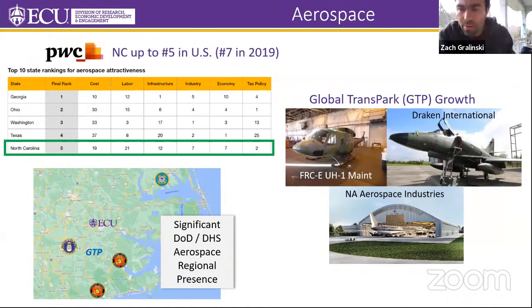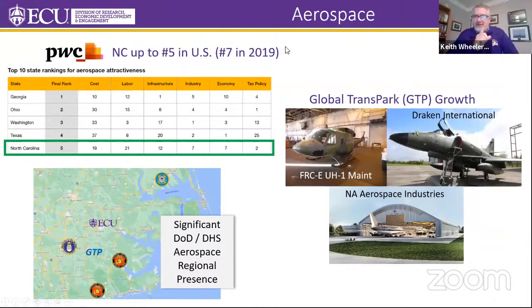Yep, go ahead. The tax policy, we're rated very high on that. Can you speak to what about North Carolina's tax policy beats the heck out of Texas? I don't know the specifics, but this is a PricewaterhouseCoopers report. It's available online, and I'll send Dennis a link.